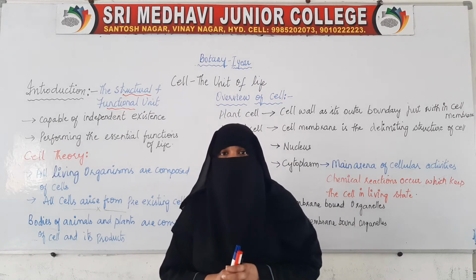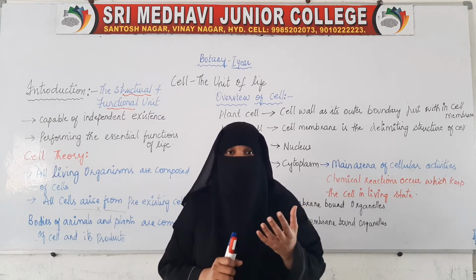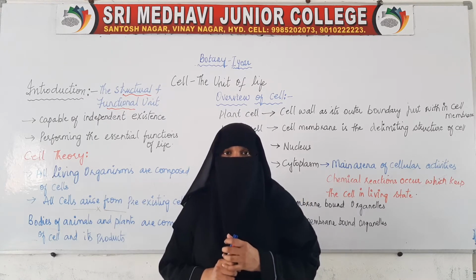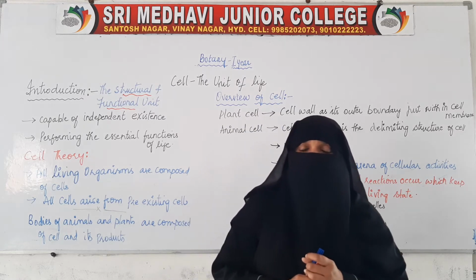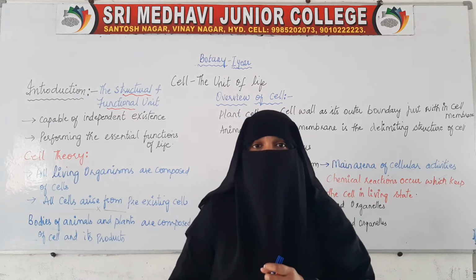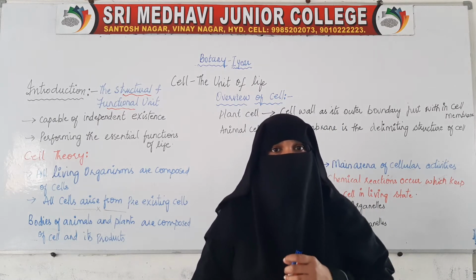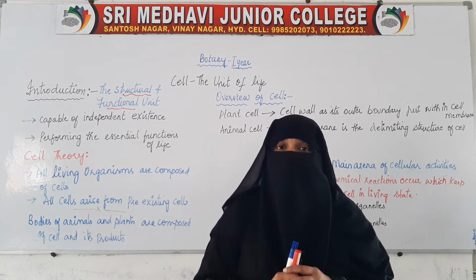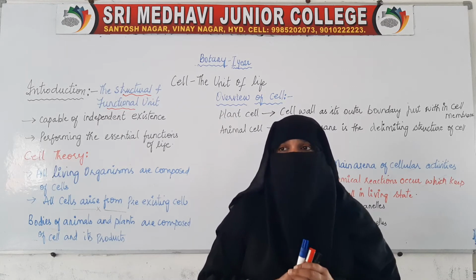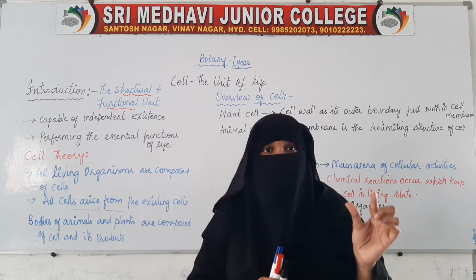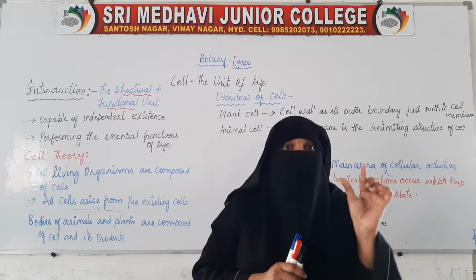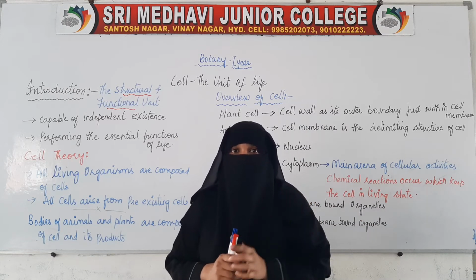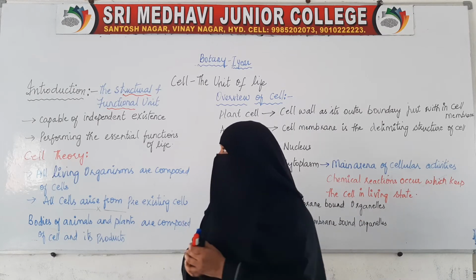In unicellular organisms, the whole body is made up of just one cell, whereas in multicellular organisms, the body is made up of innumerable cells, many cells. So in a unicellular organism, that one cell is an independent cell.